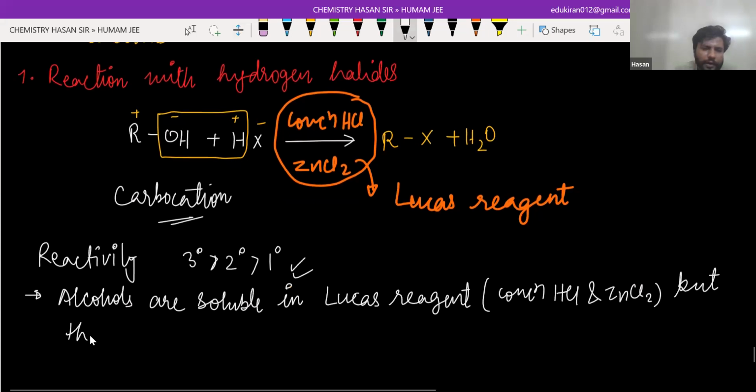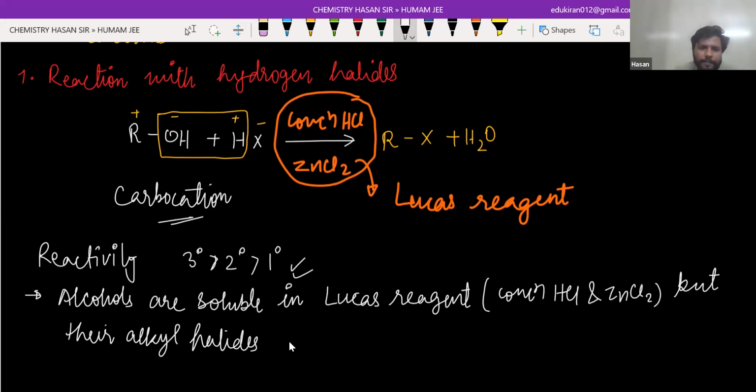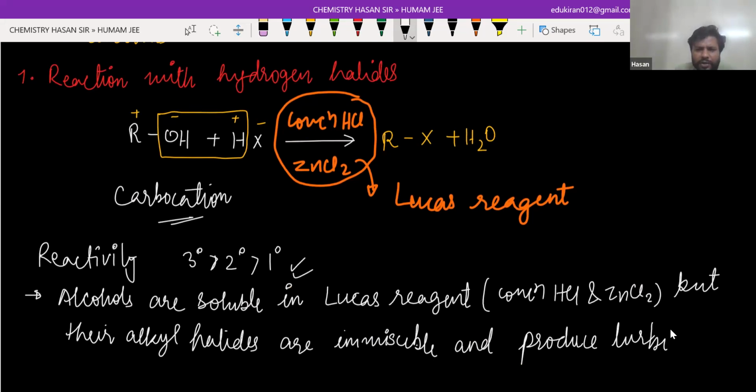But their alkyl halides are immiscible, and produce turbidity, a cloudy solution, in solution.